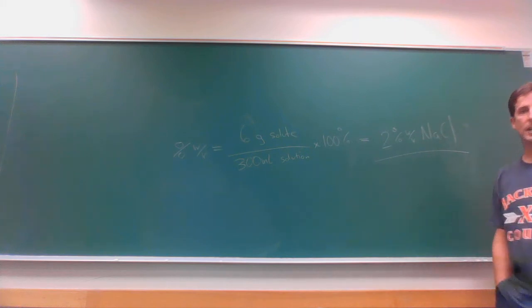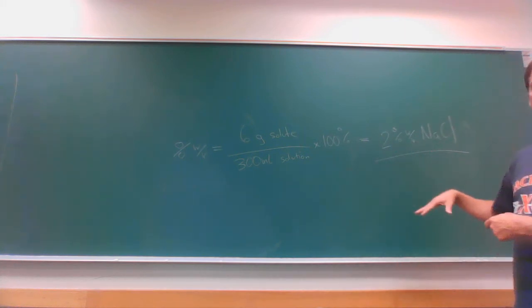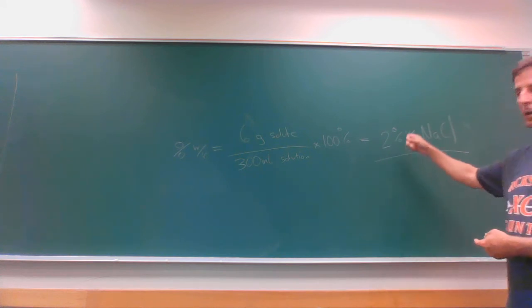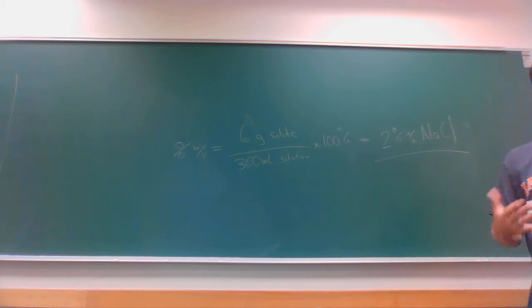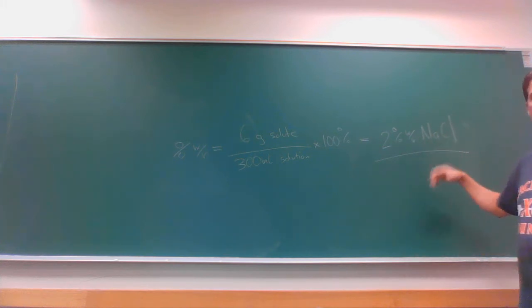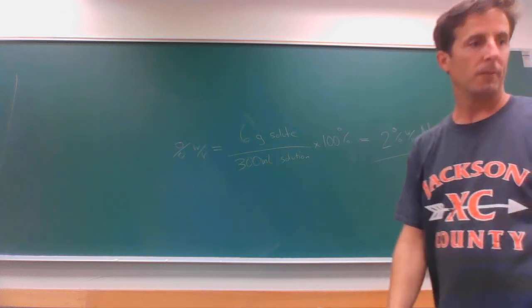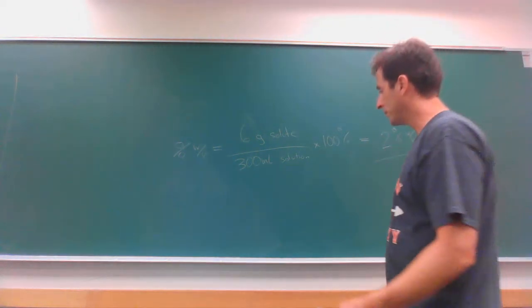That is the information I should write down for my answer because, again, my answer has to have units. We need to be specific. If you're talking about a percentage, you need to tell me which one it is, and then obviously you should identify what your solute is. So this is 2% weight to volume NaCl. All right, that's the first one.